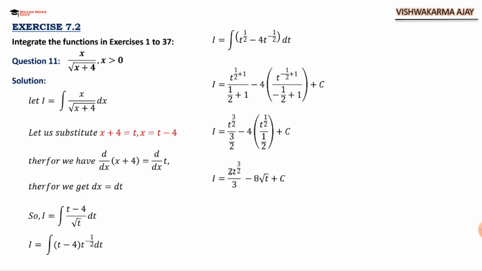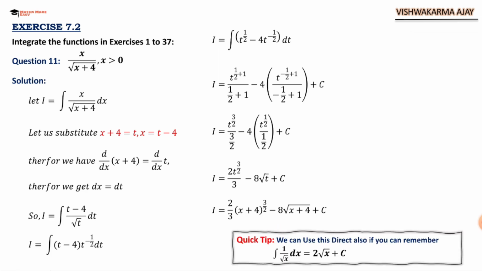I is equal to 2 times t to the power 3 by 2 divided by 3 minus 8 times root of t plus c. Don't forget to resubstitute the value of t that we have already assumed here, that is x plus 4. Hence, this is our solution. Let's move on to the next one.